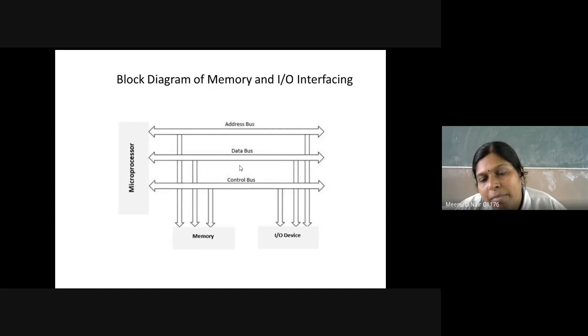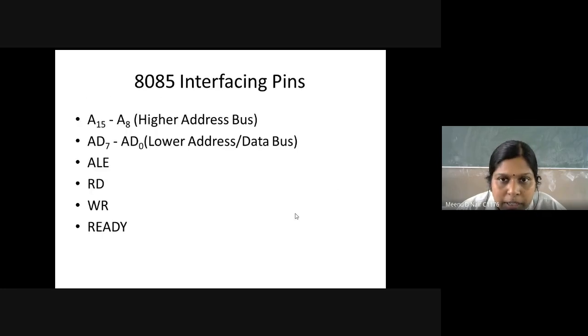This is just a simple block diagram of the memory and input-output interfacing. In both interfacings, the microprocessor's address bus, data bus, and control bus have to be used. That is the memory and input-output interfacing.